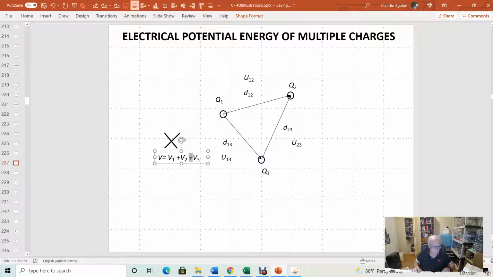That's what we call the superposition principle, just like we have for the electric field and the electric force. And then we can have a different electric potential somewhere else. This one is going to be a V prime, with a value given by V1 prime, V2 prime, and V3 prime. A different value. One is point A, the other one is point B.